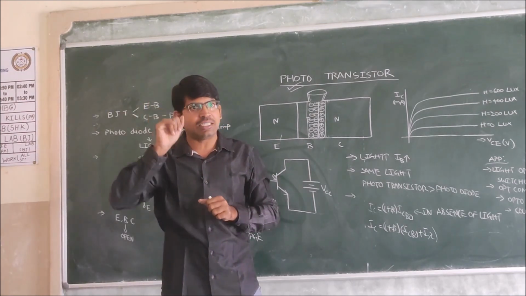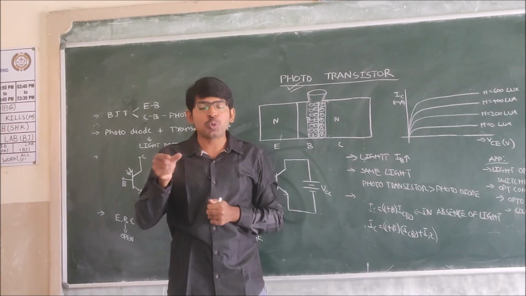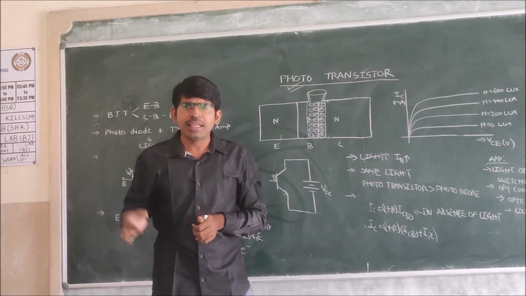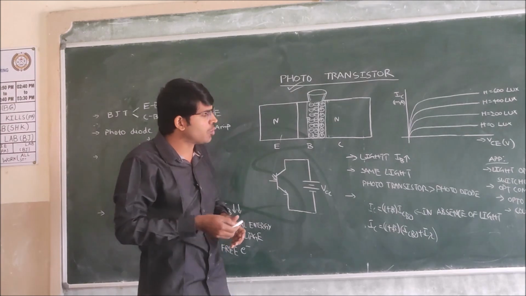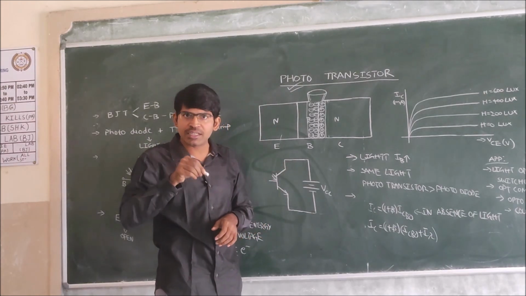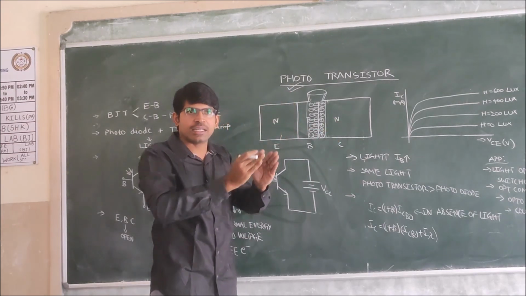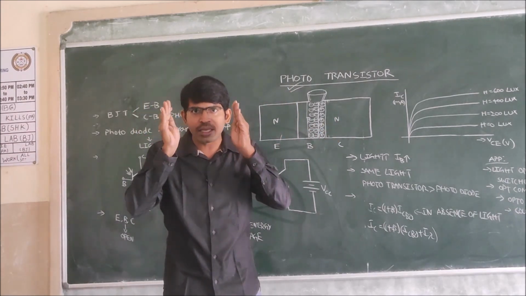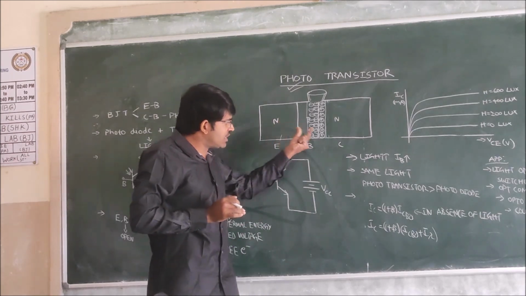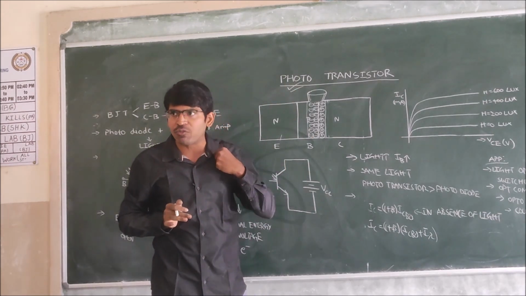This is a transistor, but we already know the operation of a photodiode. In the lines of the photodiode, particularly this base and collector region we are using like a photodiode.